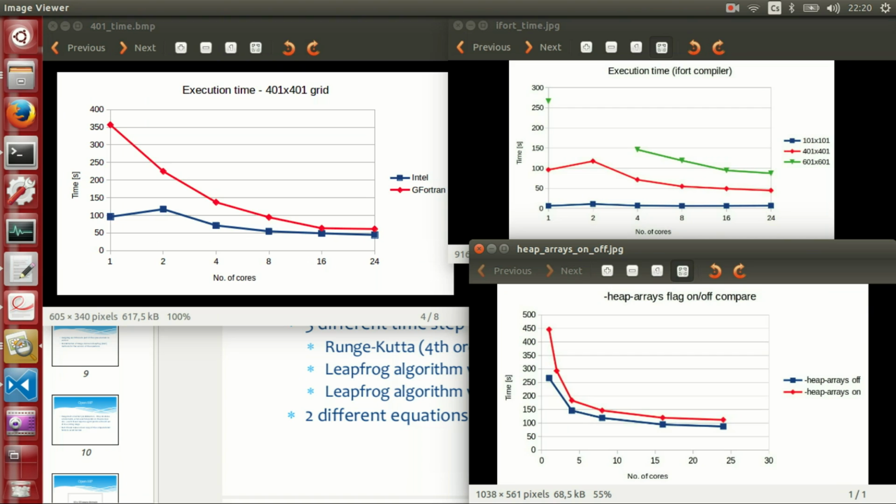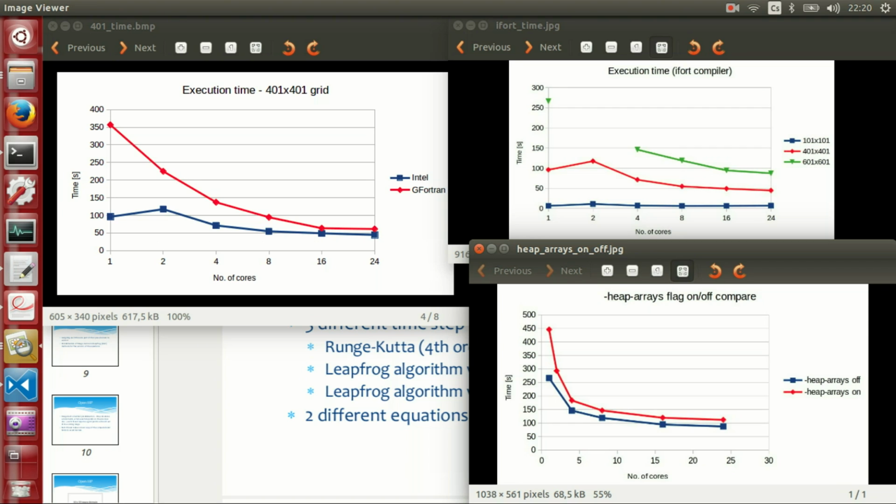You can see I was running the code on different sizes of grid and also using different number of cores, of course. And also I was comparing both Intel compiler and G-Fortran compiler, and you can see that obviously Intel compiler is a bit faster.